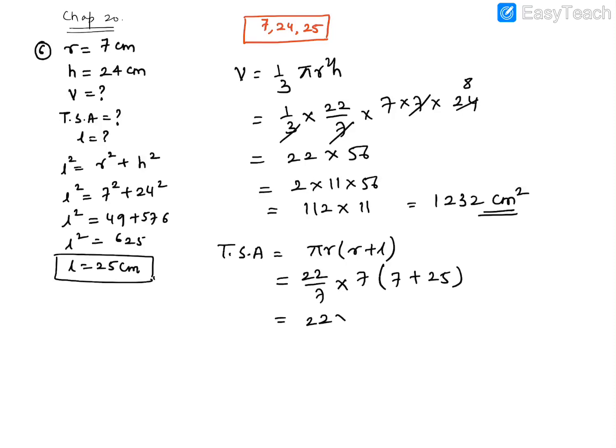So it will become 22 into 32. Correct? Now what is 22 into 32? So 64 and 64, so 704. So that's your answer. Okay, so this problem probably can come for, say, I think they'll ask you for 3 marks or something.